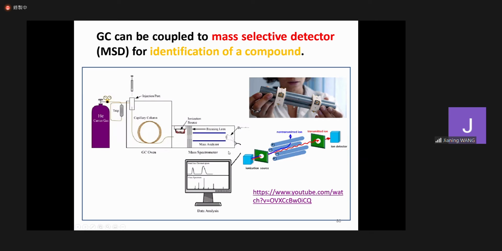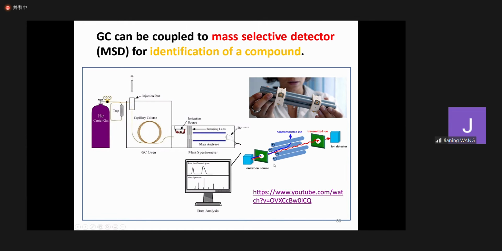For a complex sample, there are always various coeluents from the system. So when you detect a peak using another type of detector, even though this is just a single peak, those peaks may still contain several different kinds of molecules.